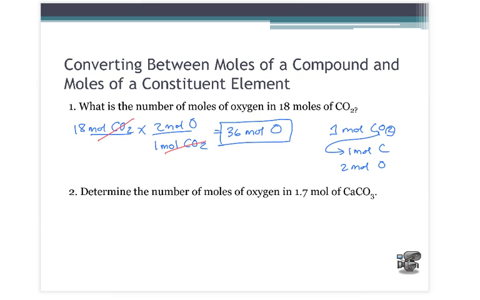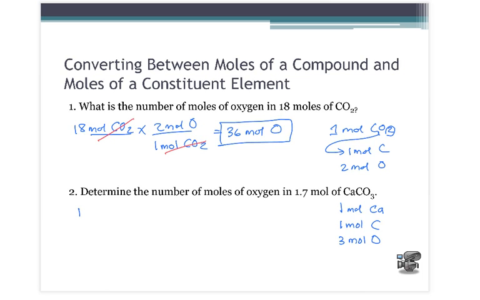Okay, now determine the number of moles of oxygen in 1.7 moles of calcium carbonate. Okay, and we do the same exact thing. Here we see that in 1 mole of calcium carbonate, we have 1 mole of calcium, 1 mole of carbon, and 3 moles of oxygen.